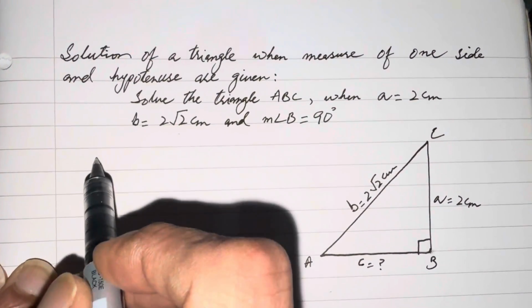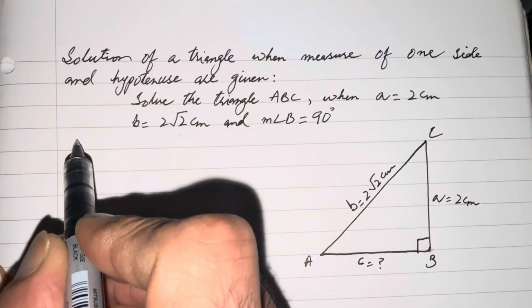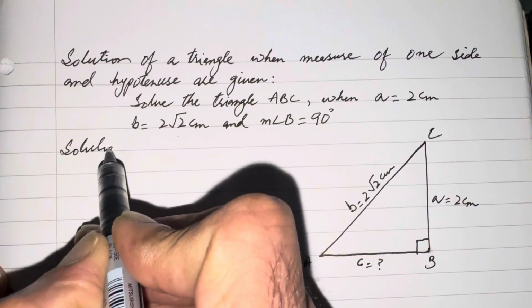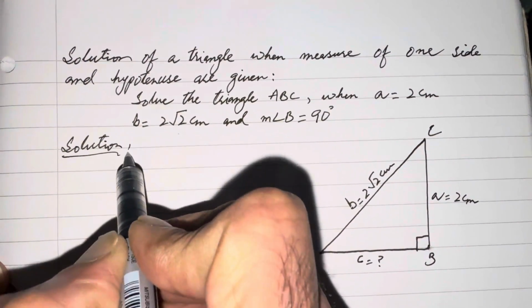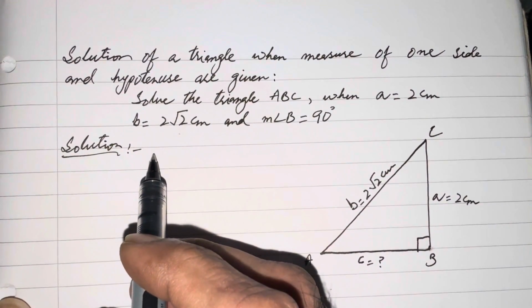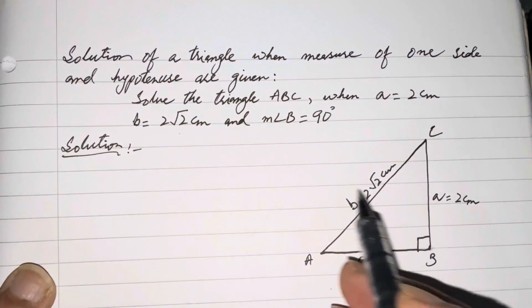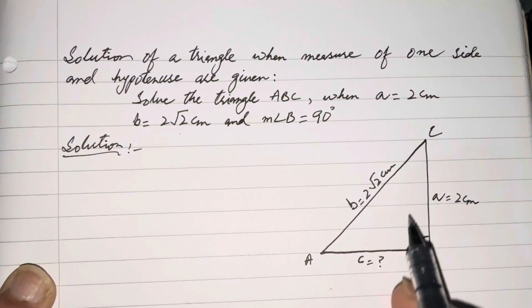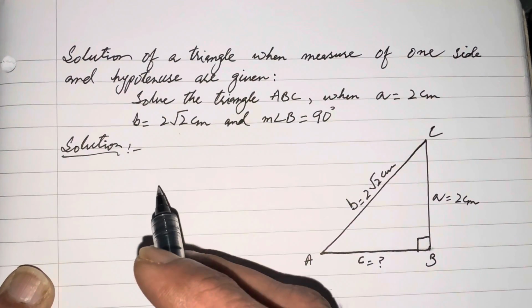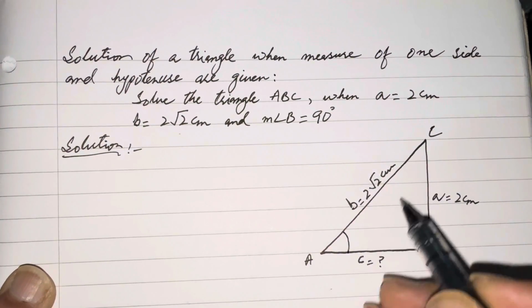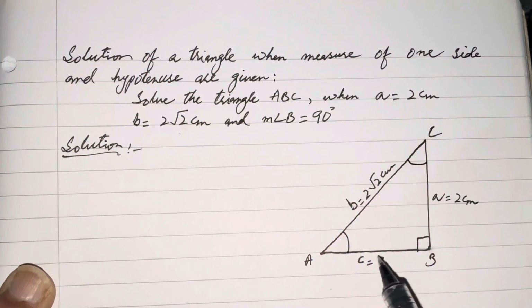So solution, according to the question and the given conditions and the picture that we have drawn, we are required to find the measure of angle A, measure of angle C, and the length of the side c.